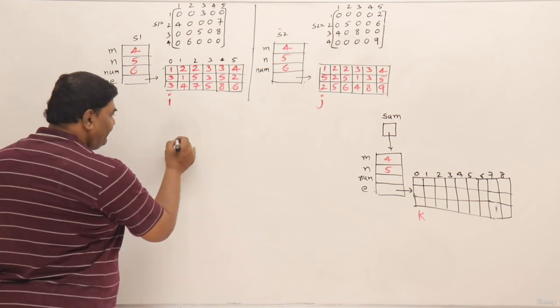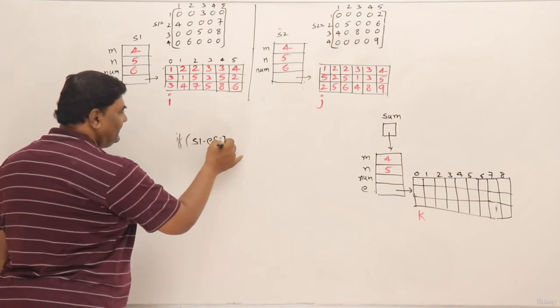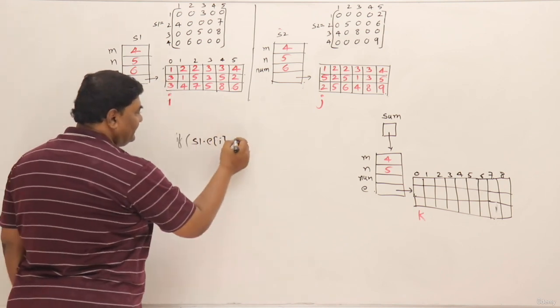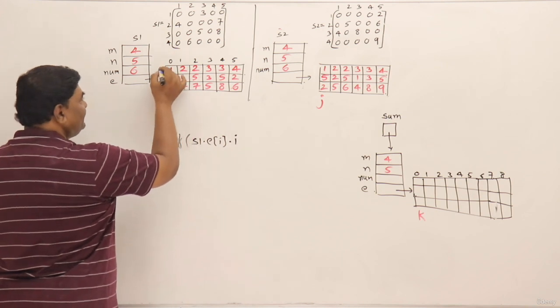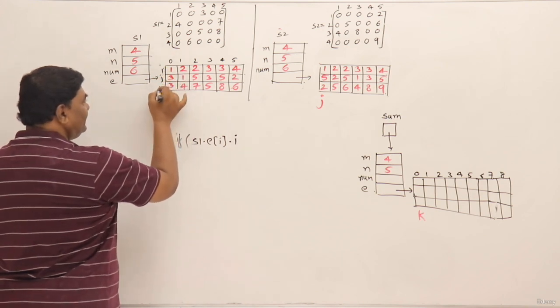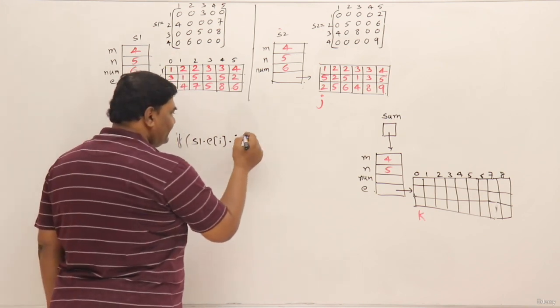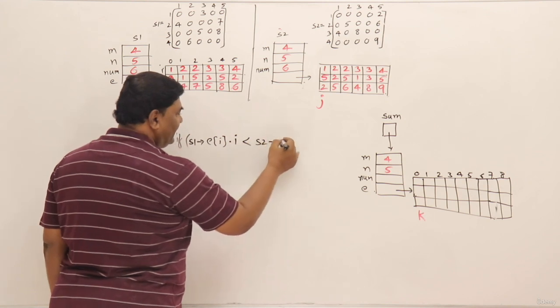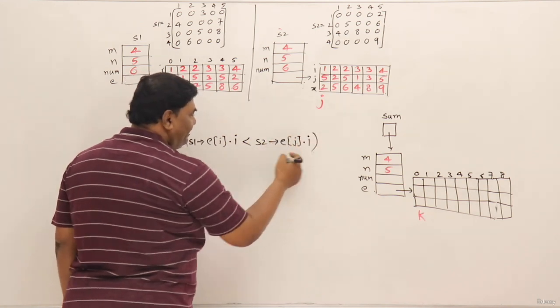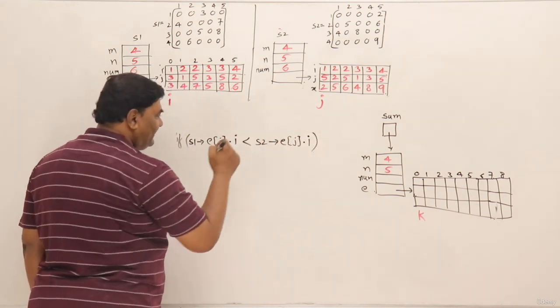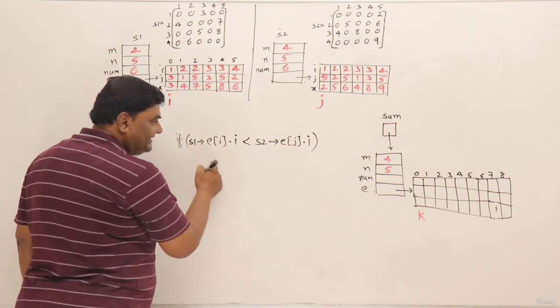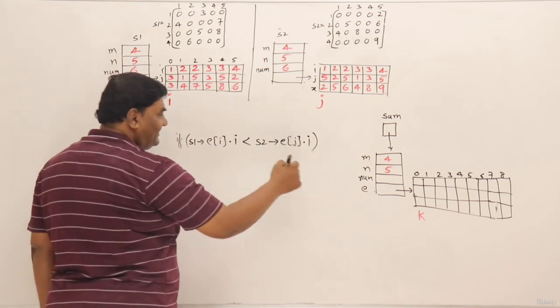See, if E of i dot row number, that is i. If you remember, these are i's and j's and these are x. So if this is less than S2's E of i, if the row number of this one is smaller than that row number, then copy this element in k.